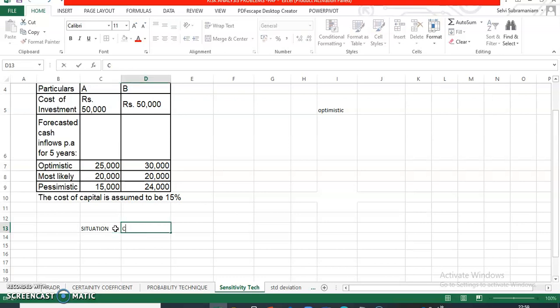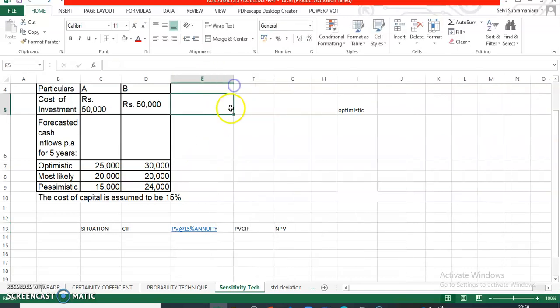Situation, CIF, PV at the rate of 15%, that's the cost of capital that's given to you, on an annuity basis, that's very, very important. PV, CIF and NPV. So these are the things that we have to essentially have over here.